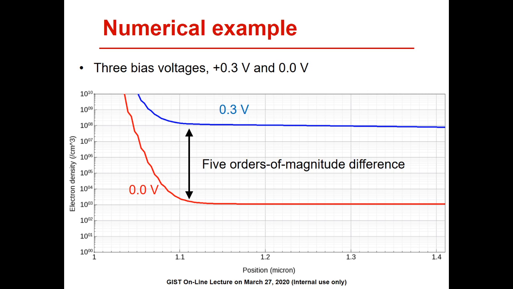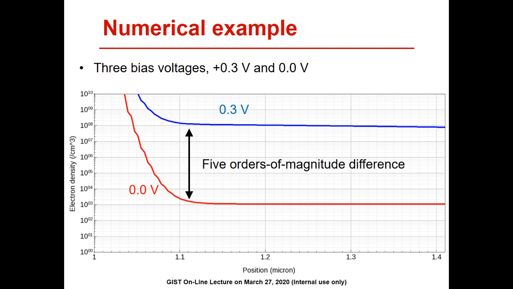Let me show you a numerical example. Two bias voltages, 0.3 volt and 0 volt, are applied to the anode terminal. The figure shows the electron density in the p-type region. The junction is located at a position of 1 micron.